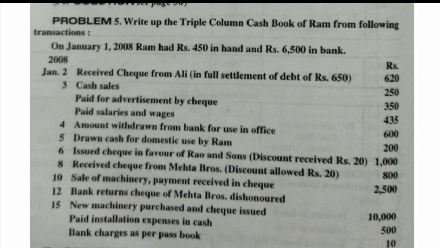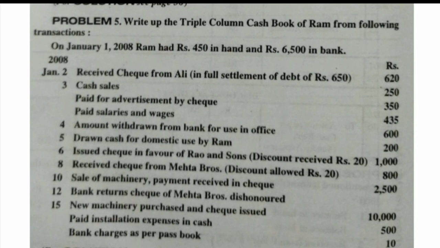Then next, bank charges as per the passbook. Bank charges is an expenditure to the business, it will be deducted by the bank. So what would be the journal entry? Bank charges account debit, to bank account 10 rupees, since we are paying through bank and the bank balance will decrease.